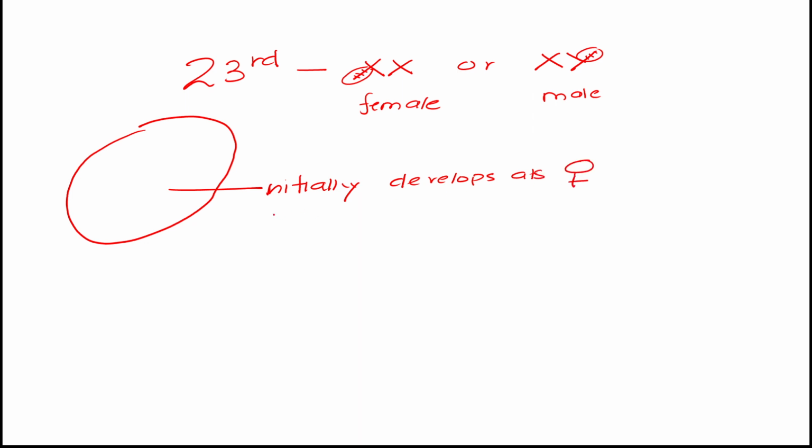However, in the presence of the Y gene, there is a particular locus where a few genes are present at a certain region, which is known as the SRY gene. The presence of this gene causes production of two hormones, anti-Mullerian hormone as well as testosterone.